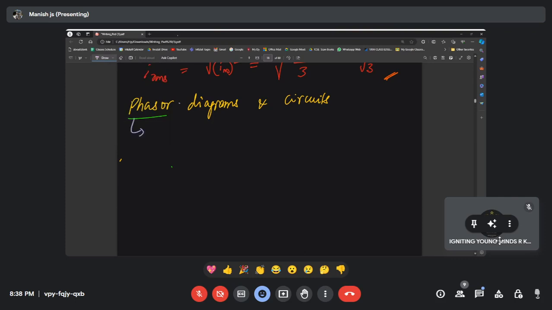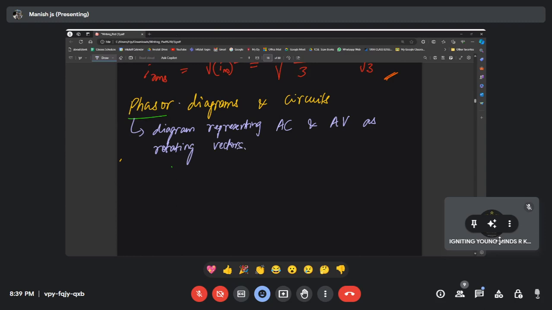Phasor is nothing but a diagram representing the alternating current, AC, and alternating voltage as rotating vectors.